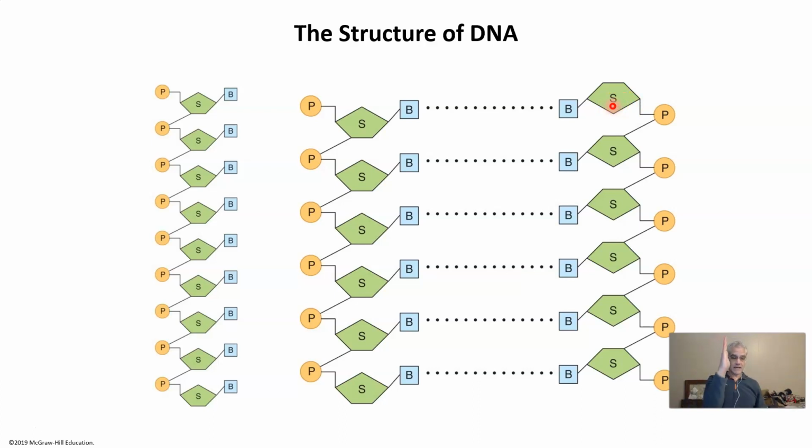One side of the ladder is upright, the other side of the ladder is flipped over. I'm not asking you to remember that it's called an anti-parallel arrangement. I just don't want you to be confused when you see this. You don't want to go, wait a minute, that's drawn wrong. No, it's drawn right.